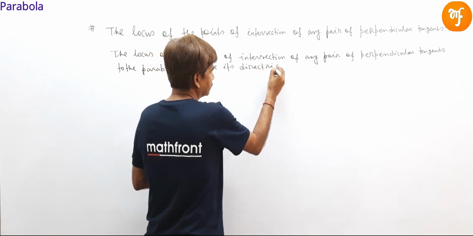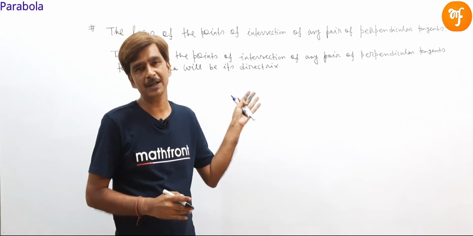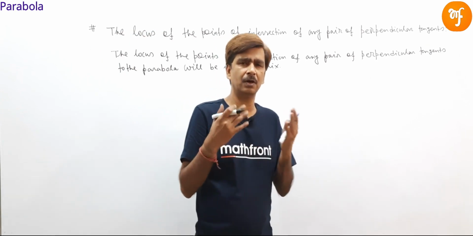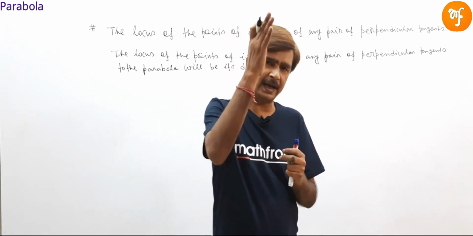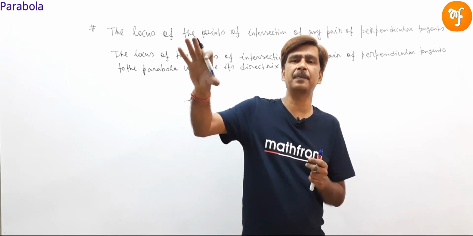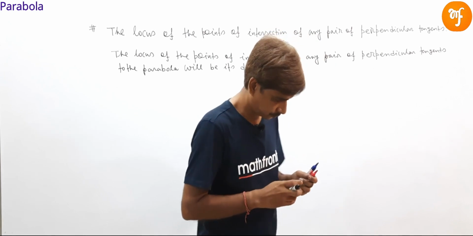Okay. So this is also the alternative definition of the directrix of a parabola. So alternatively we can also say that from any point on the directrix we can draw a pair of perpendicular tangents to the parabola. Okay, clear?